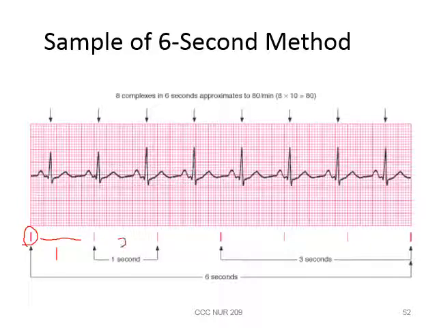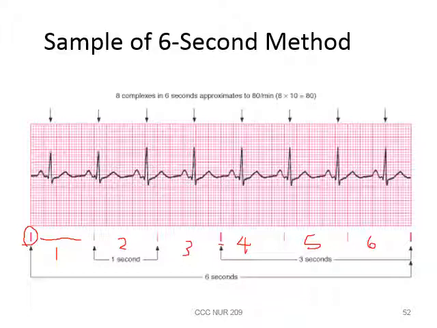Then this is 2, 3, 4, 5, 6 seconds. Again, you see the dark ones. The distance between the dark ones is 3 seconds. You can see here, from this dark to this dark line is 3 seconds. So this is a 6-second strip.